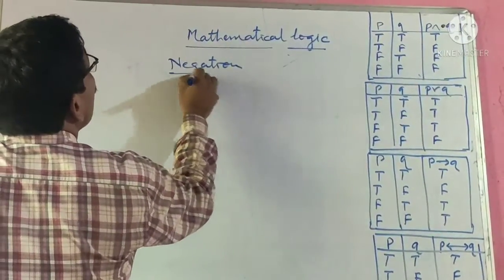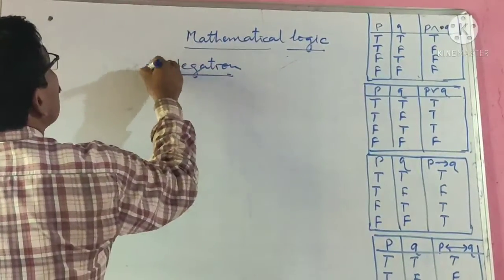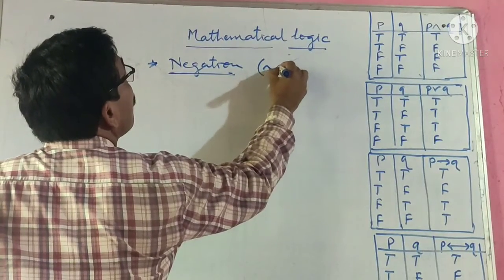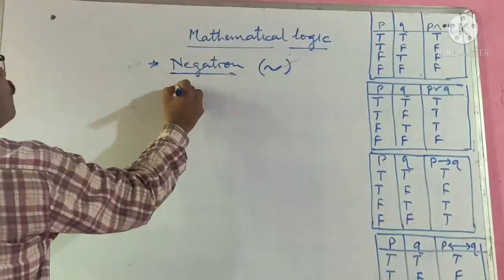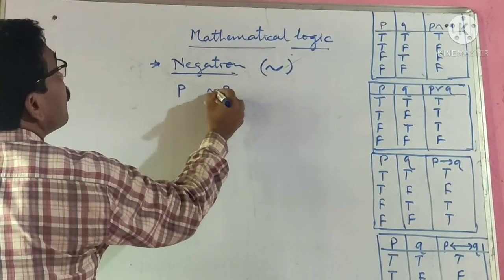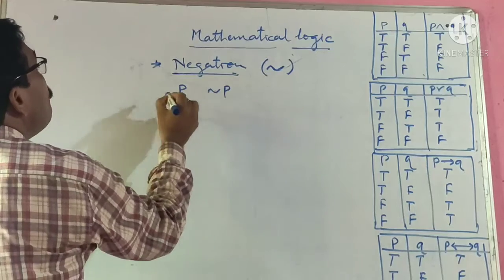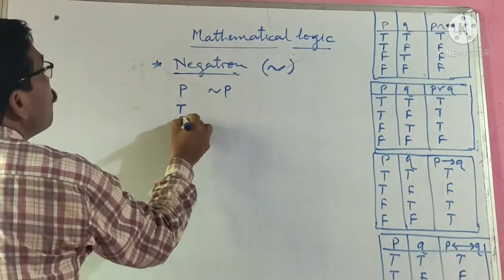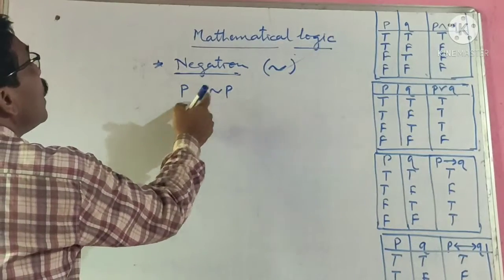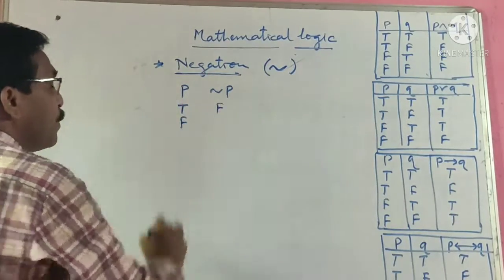Negation. So for negation we have this sign, negation of P. P may be true or false. So when P is true, then its negation is false here.